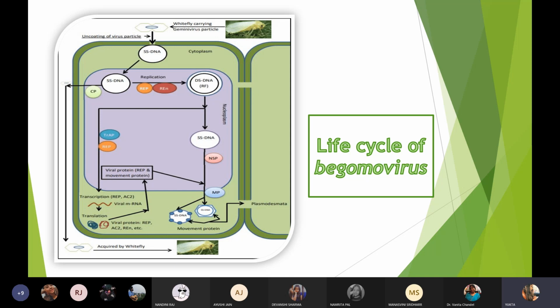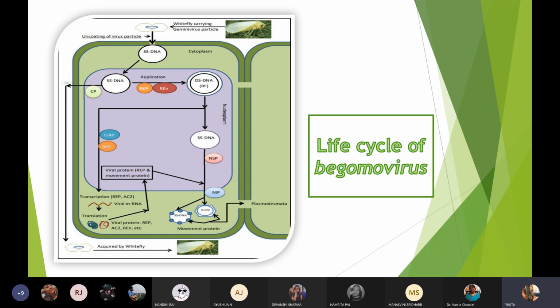So the RF acts as a template for the replication and transcription, which can be methylated or non-methylated. This replication proceeds by the rolling circle mechanism. The transcription activator protein, which we can also call TRAP, and the viral replication protein Rep help the double-stranded DNA undergo transcription for the synthesis of viral mRNA.